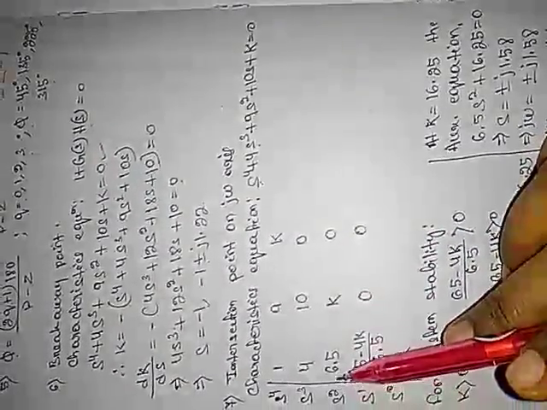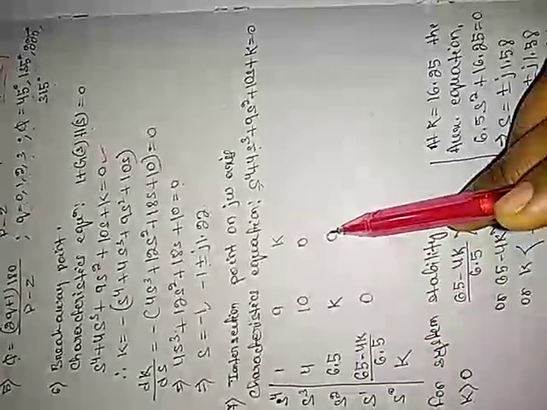16.25. Then at k equal to 16.25, this row, all these values become 0. So the auxiliary equation is this one.